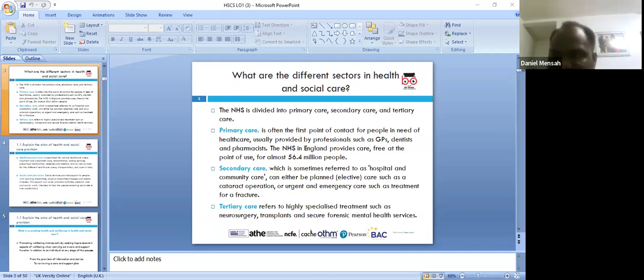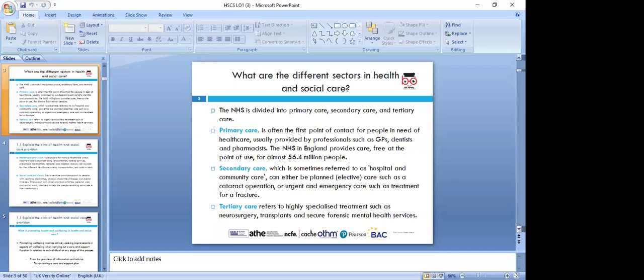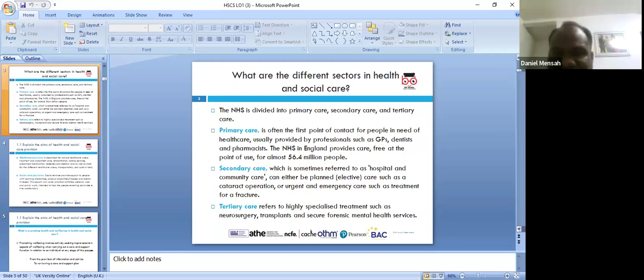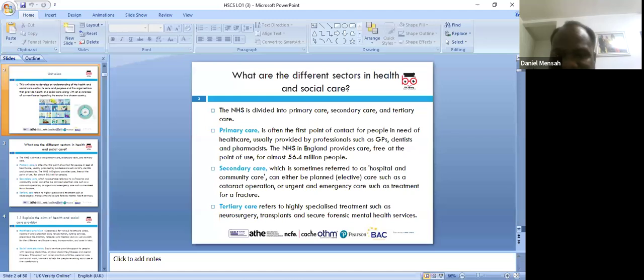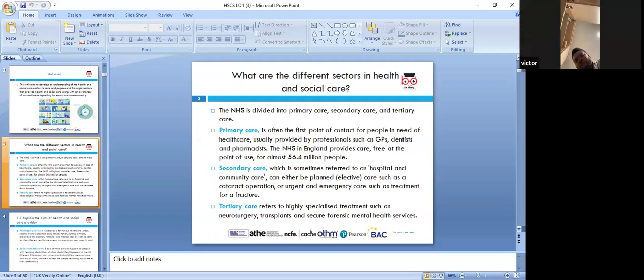I did mention before you joined that there are components that come under health and social care, and one of those is the NHS. I'm sure many of you who live in the UK have heard about the NHS. I'm sure you all live in the UK, don't you? Yes.